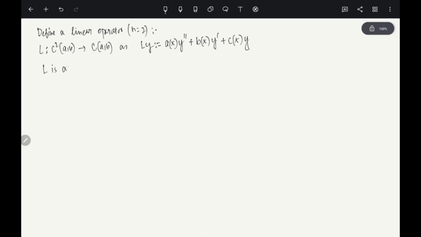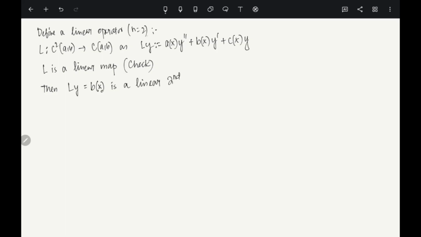Of course you can check, so please check this part. It is very easy to show that this is a linear map. So if this is a linear map, then Ly equals some function depending only on x is a linear equation, a linear second order equation.